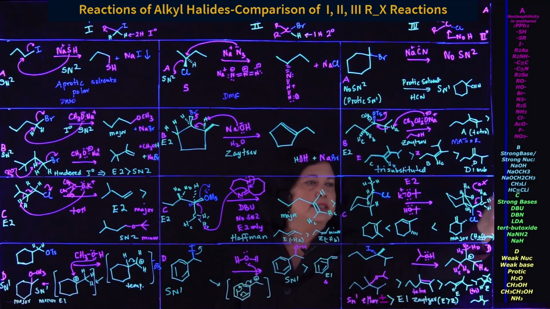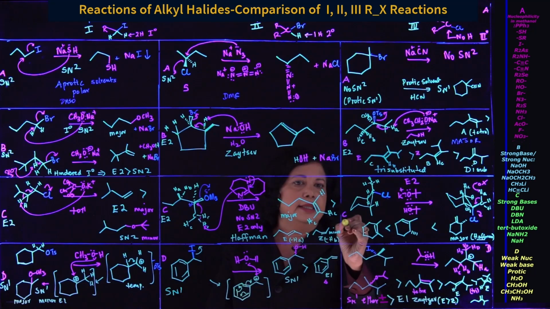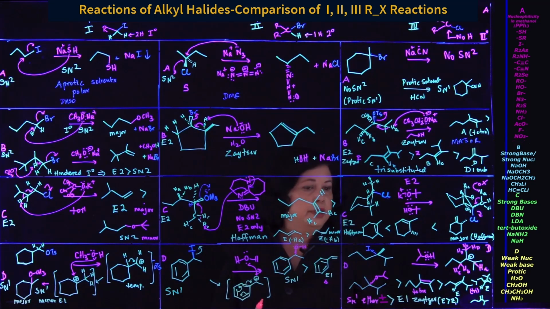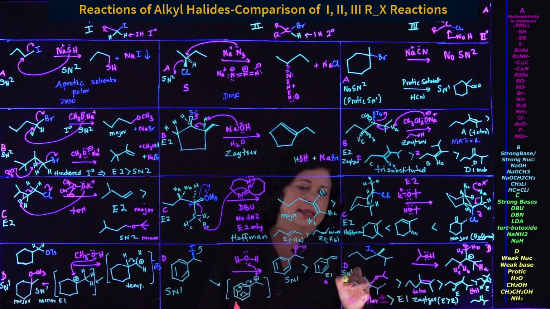When you add strong and large bases, you're going to get E2, but you are going to get E2 that is Hofmann. If you have a tertiary with weak base, weak nucleophile, you'll have SN1 more than E1 typically, and the E1 is always going to be Zaitsev. I'm just going to put Zaitsev, Z.